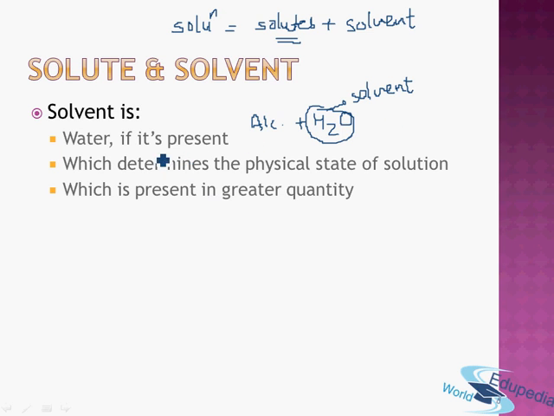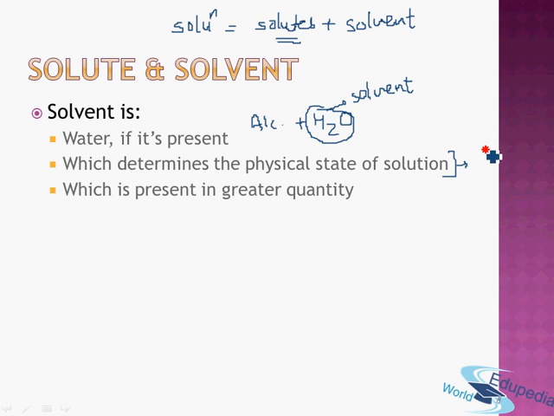Second rule, if you don't want to follow the rule that the presence of water makes it the solvent, you can follow the rule that determines the physical state of the solution, and this is the most common way of doing it. Generally, whichever substance determines the physical state of the solution is taken to be the solvent.